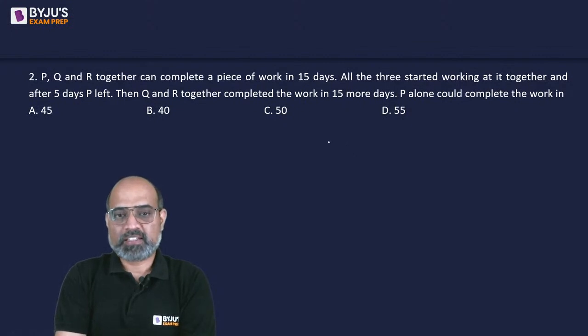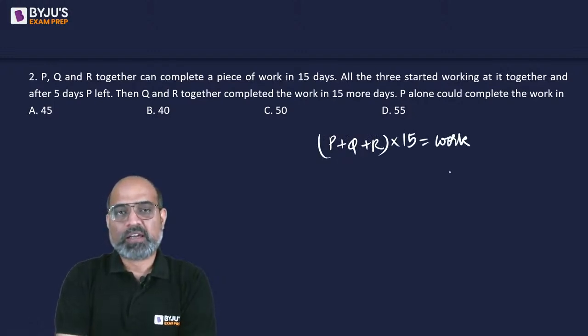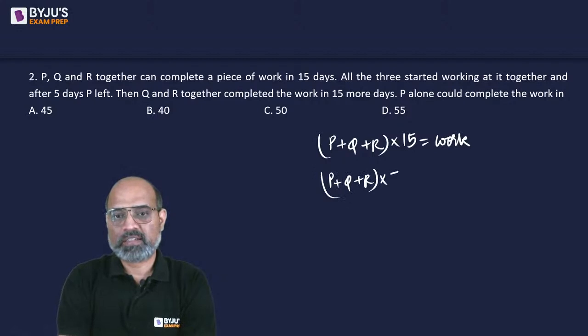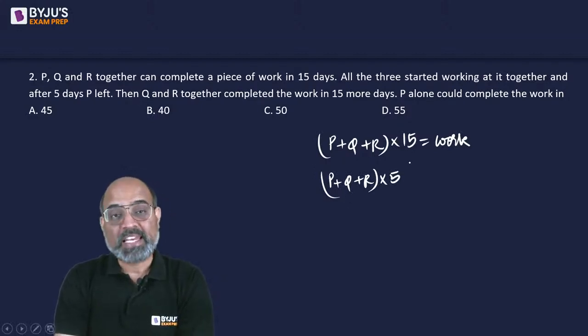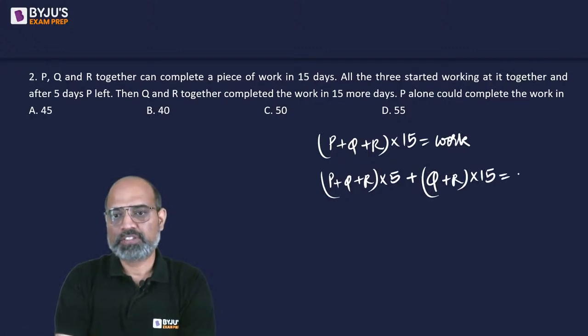So it is given that P, Q and R can complete the work in 15 days. So this is the amount of work. Now the same amount of work, they all started together and for 5 days they worked. Then P left, and then Q and R work. It is given that Q and R together will take another 15 days to finish the same work.